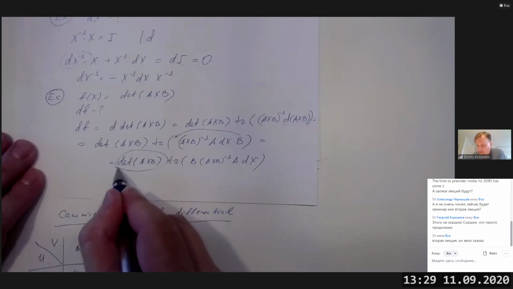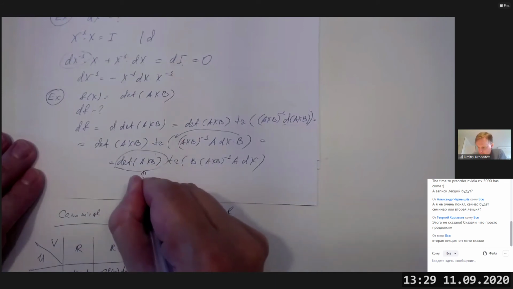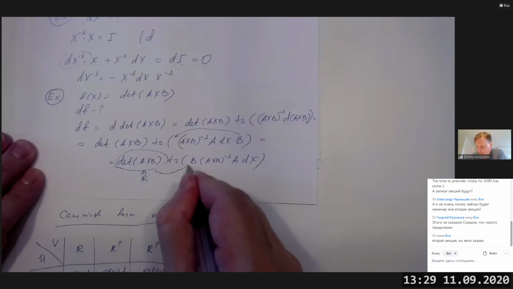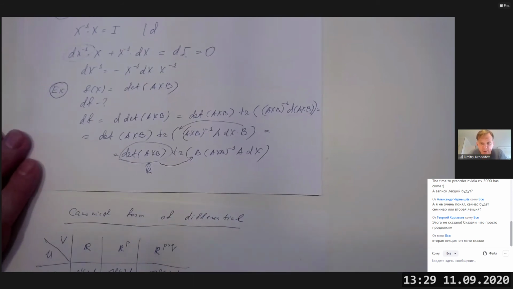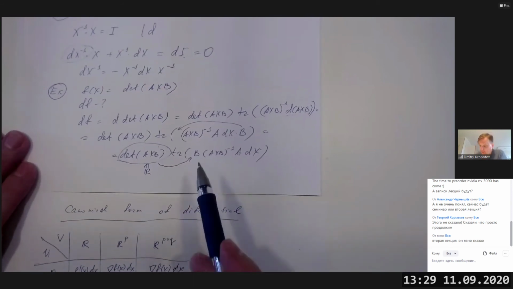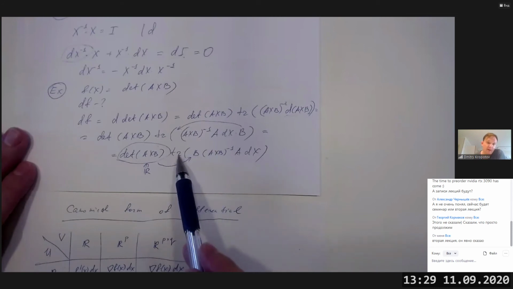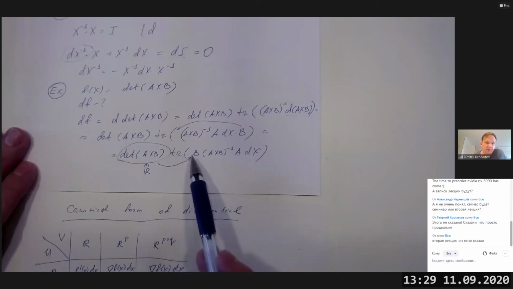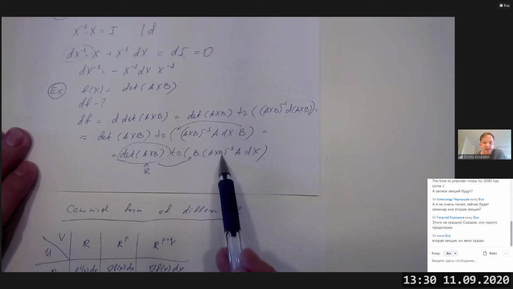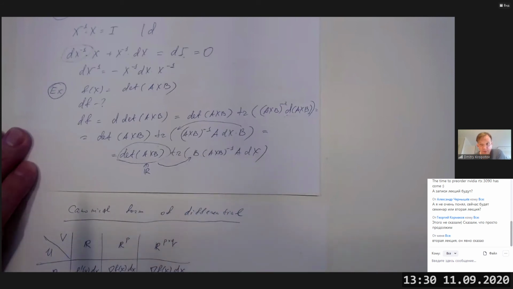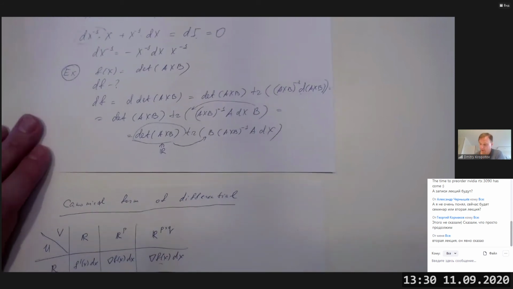This determinant is some number, so we may put this number inside the trace, and in this way we have the required equation: trace of something times dx, and this something transposed would be our answer.